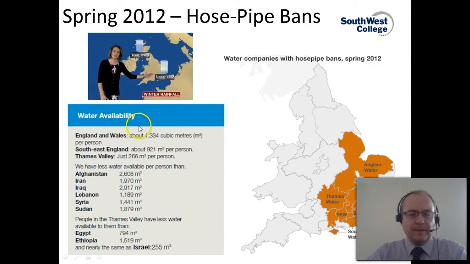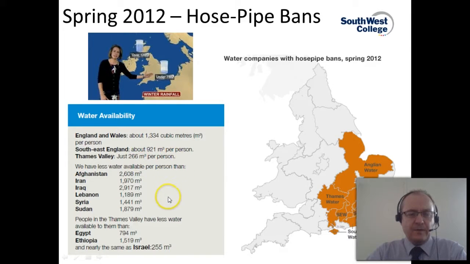In addition to what we said in the previous slide, in England and Wales there's about 1,334 cubic metres of rainwater per person. In the Southeast of England, that drops to around 921 cubic metres per person, and in the Thames Valley, in and around London, there's about 266 cubic metres of rainfall per person.